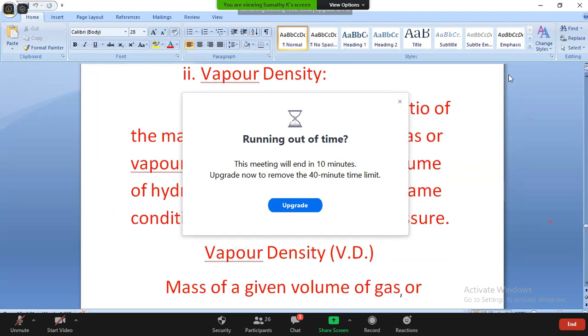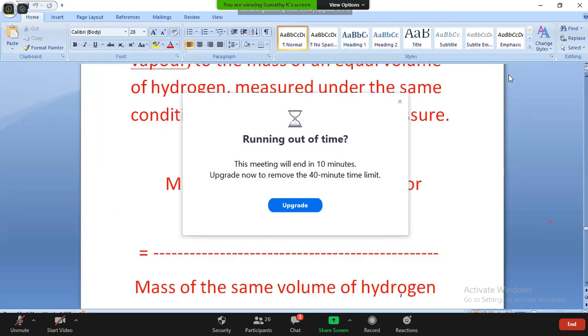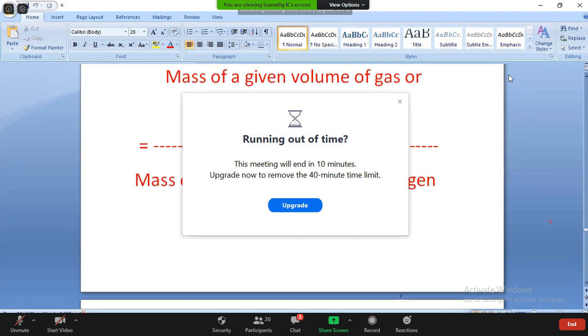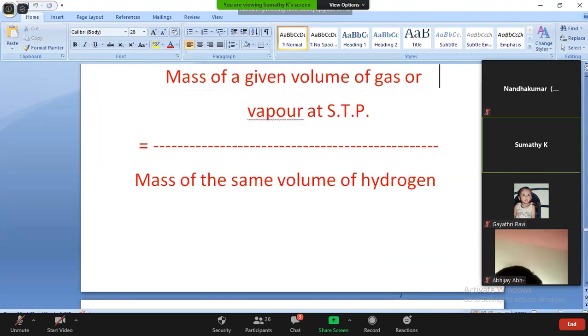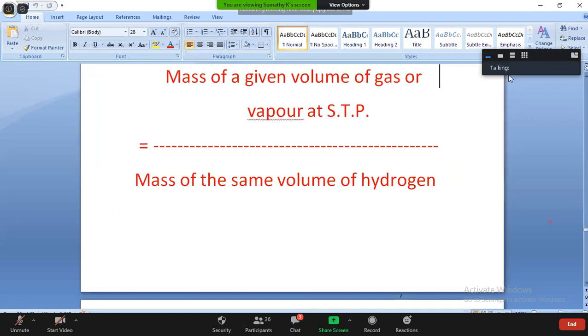So now we derive this. Vapor density is equal to the mass of a given volume of a gas or vapor at STP divided by the mass of the same volume of hydrogen.